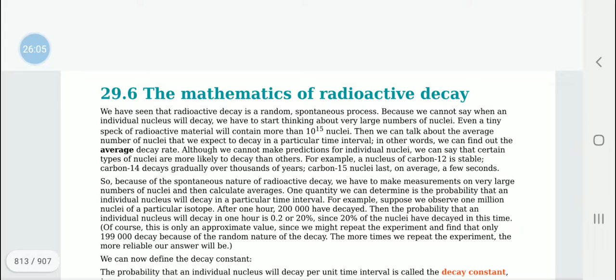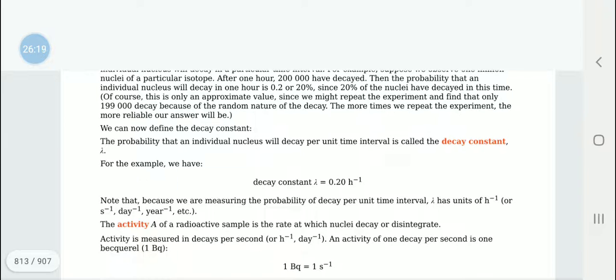If we take a very large number of nuclei and take average values repeatedly, we will be able to obtain a reliable answer.